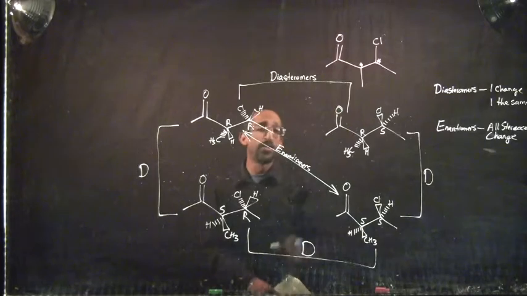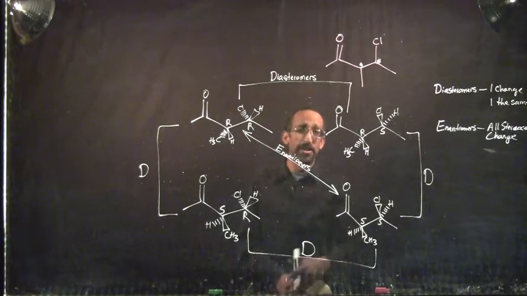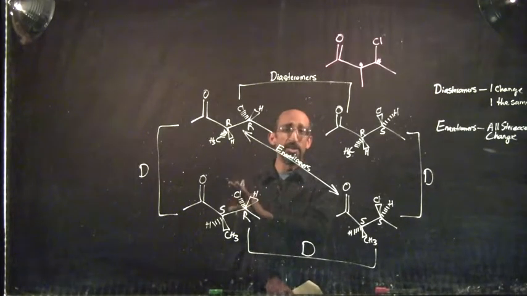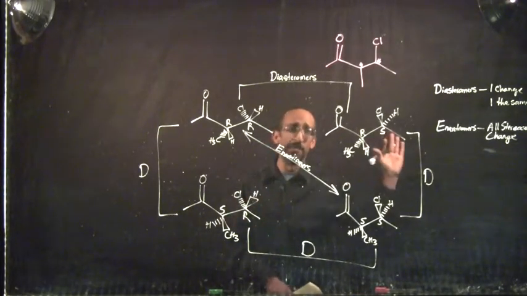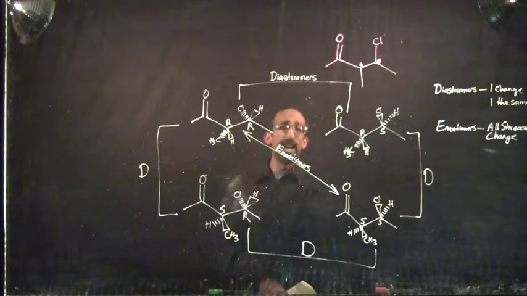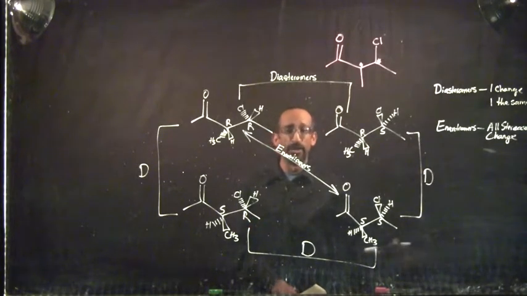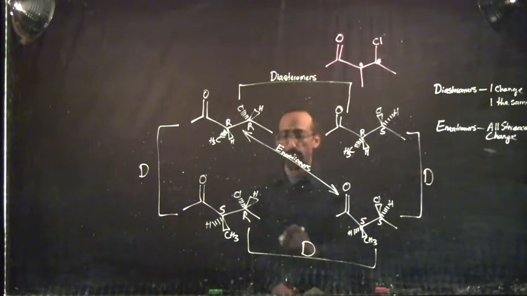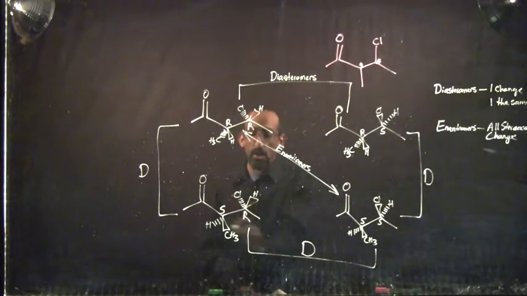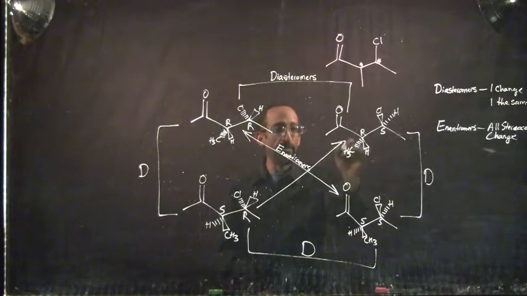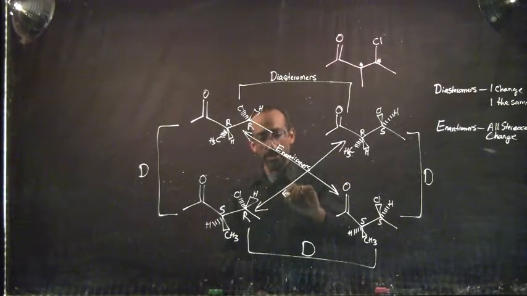This is true even if I have more than two stereocenters in a molecule. Every R stereocenter in one configuration must become S in the second, and every S configuration in the first configuration must become an R configuration in the second molecule. And so we see here, going from SR to RS, we also have a pair of enantiomers.